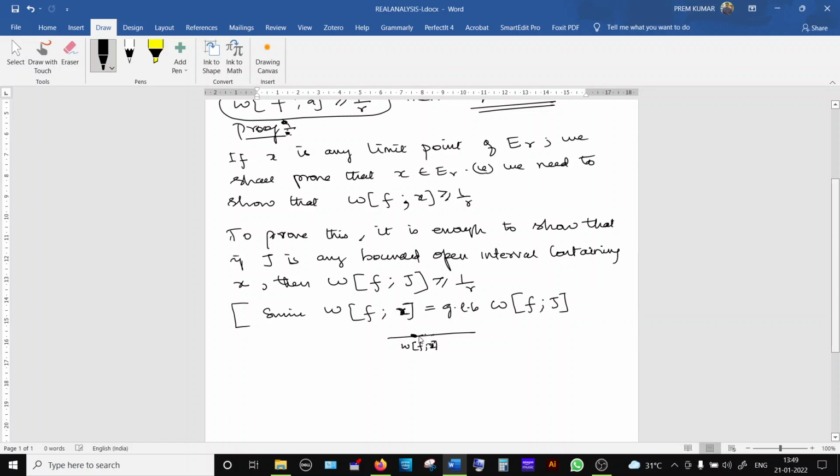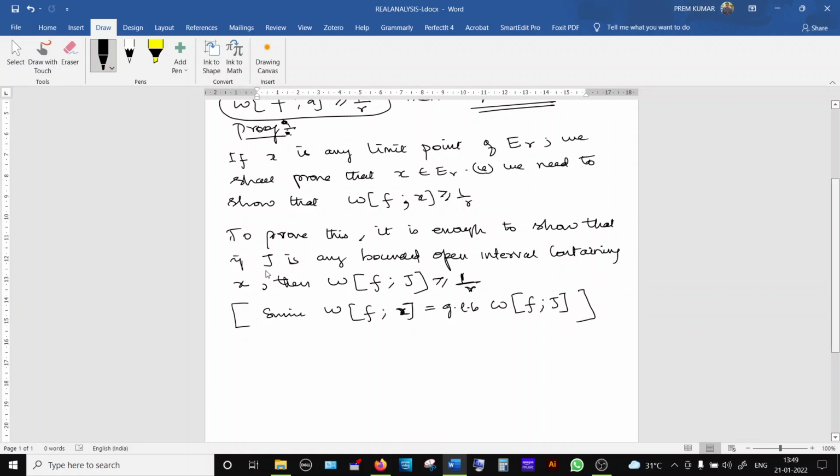GLB means there are infinitely many elements of the set very close to this GLB. So by using the definition of GLB, if this is proved to be greater than or equal to 1 by r, then the GLB also will be greater than or equal to 1 by r. Those properties we studied in the earlier chapters. So now we are going to aim for this.